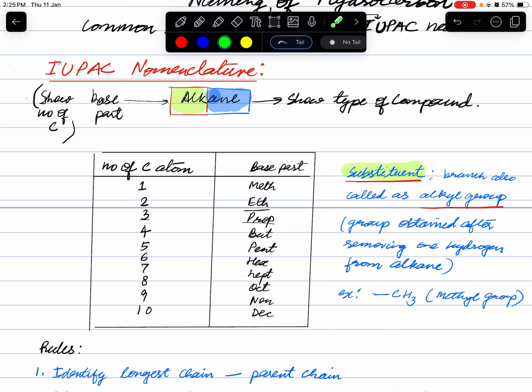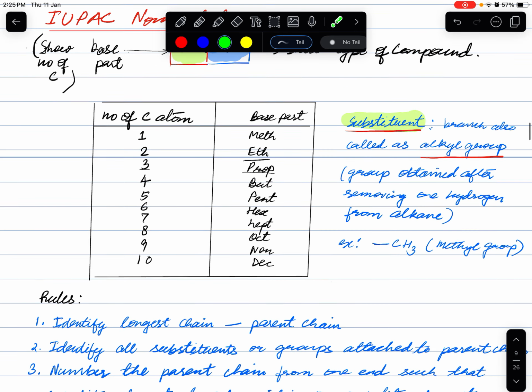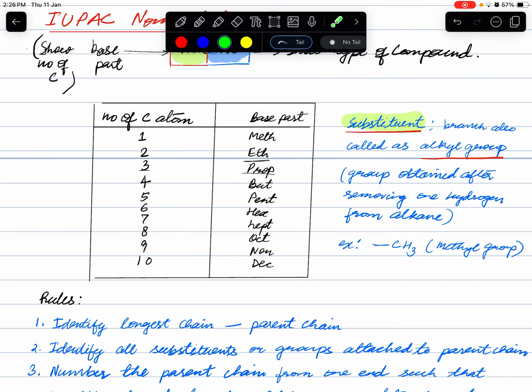Now, in a few cases, when we have branches, we have seen already that sometimes branches are present in a compound. So, in case of branches, we have to give a name to the branch. A branch is called a substituent or an alkyl group, a side group or a branch, and this alkyl group will be obtained by removing one hydrogen from any alkane.